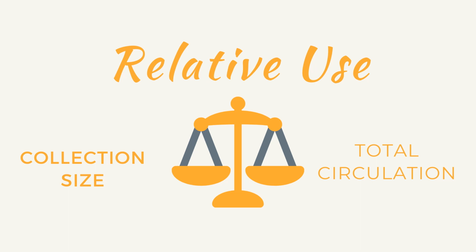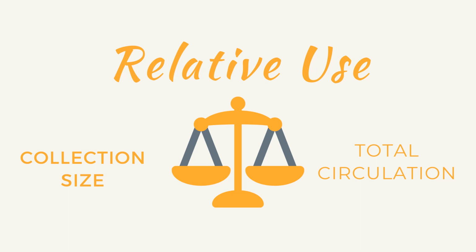You'll notice I didn't say that if the 500s make up 15% of the entire building collection or 15% of the total monthly circulation for the building. You have to put it into context for what it is. If the 500s make up 15% of the total nonfiction collection, the 500s should make up close to 15% of total nonfiction circulation.